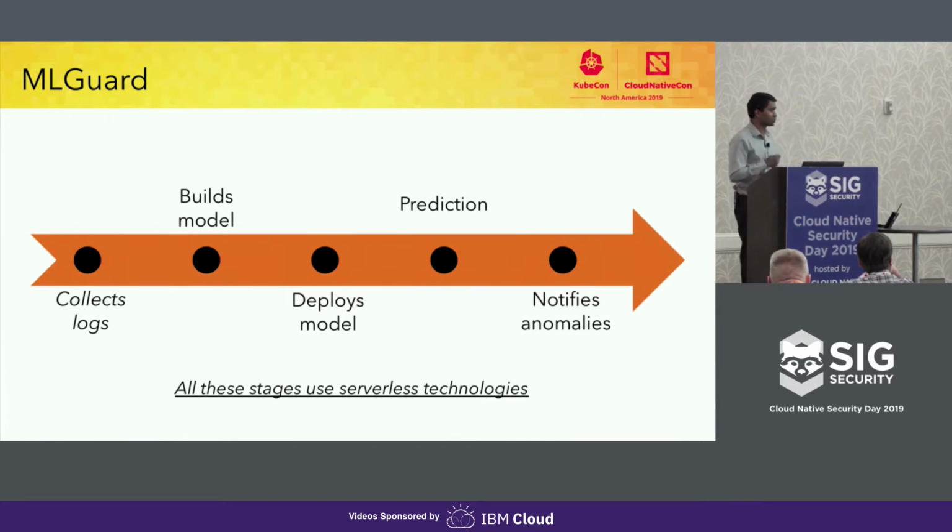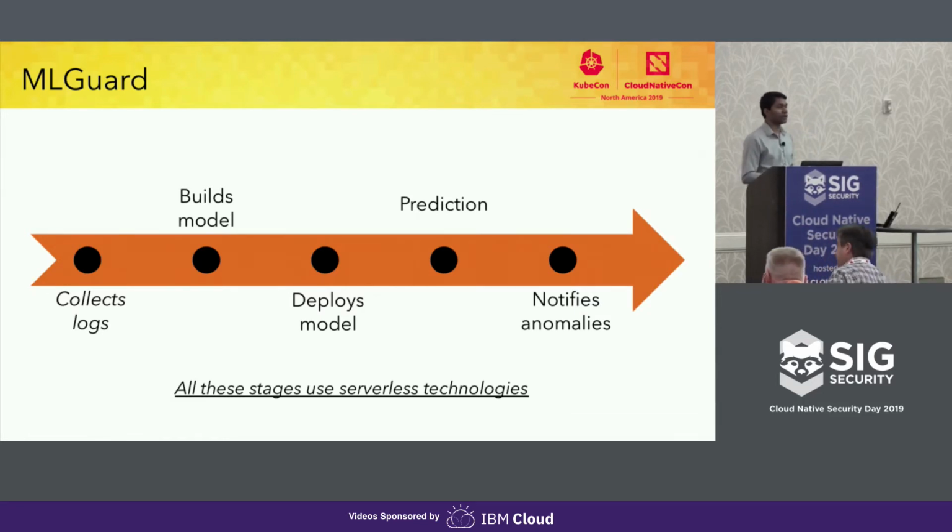And then using the model for future requests, we decide whether it's a good request or a bad request. And when there's an anomaly, we notify the security team that this IP is sending bad requests when it crosses the threshold. And all these stages use serverless technologies in our pipeline.